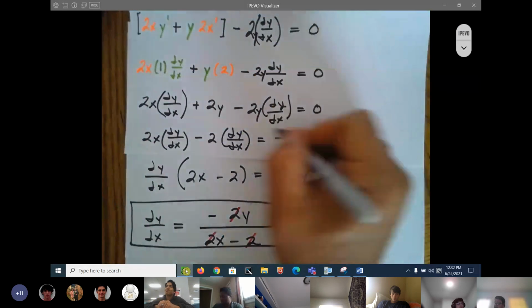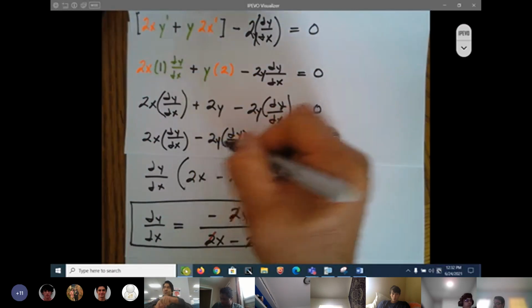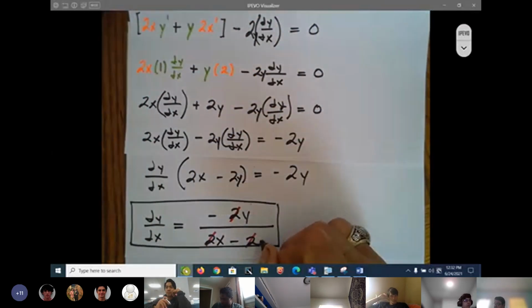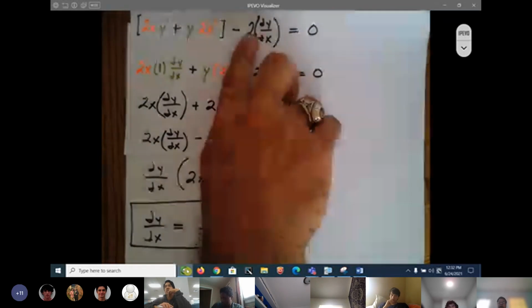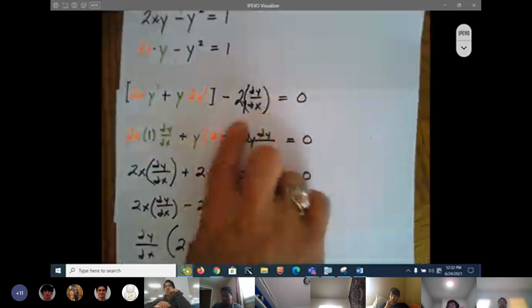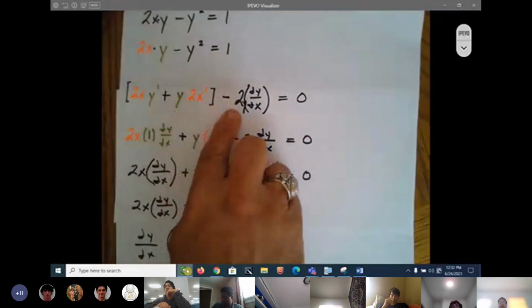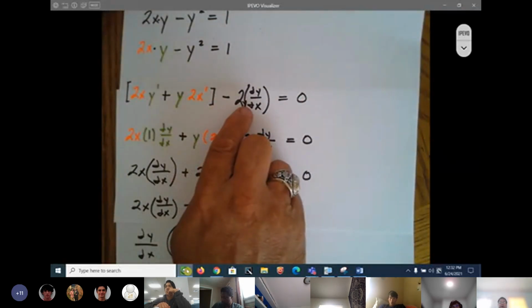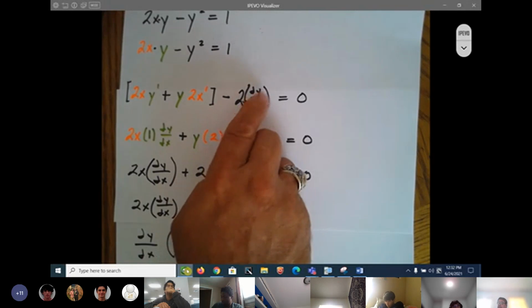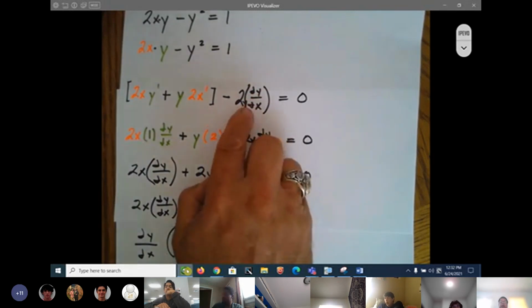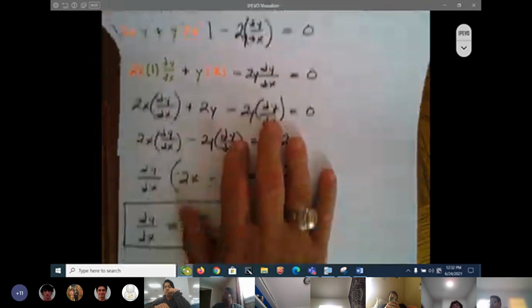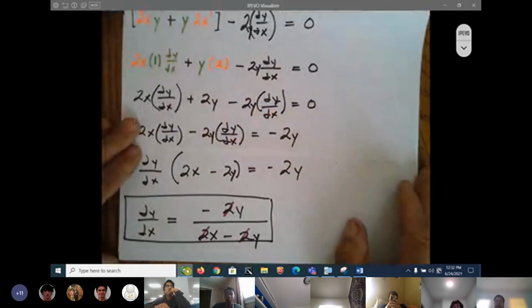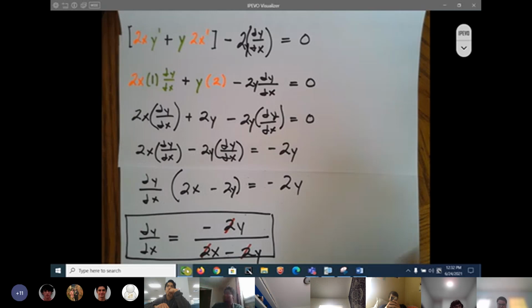So that 2y goes there, there, and there. Up here, when I took the derivative of y squared, I did 2, but I forgot to put the y because I was worried about writing that down. So my bad. It doesn't count as a mistake if I see it.